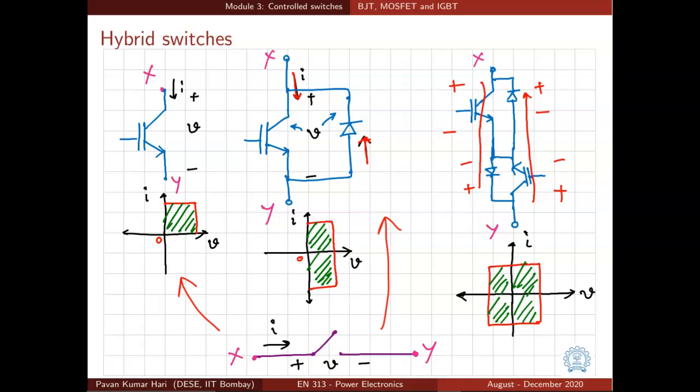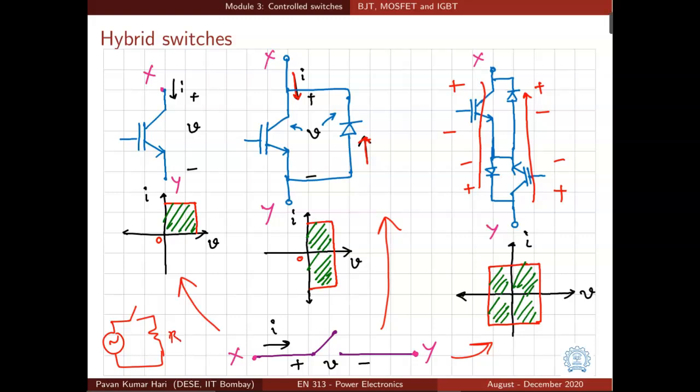But let us say you have a switch in a power electronic circuit which needs to block voltage of either polarity and conduct in either direction. Then you need to go for a third kind of switch. The dimmer circuit that we have seen is an example of this. You have an AC source connected to a resistor.